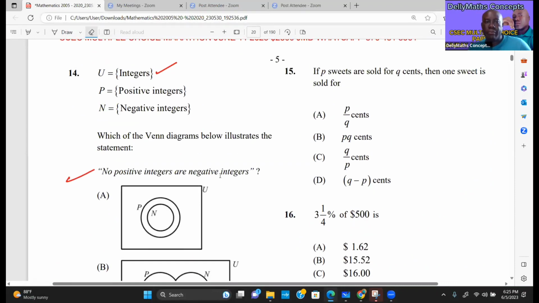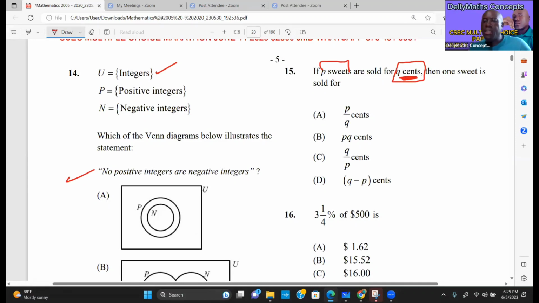Let's keep rolling. Now, where's my pen? Here. If P suites are sold for Q cents, then one suite is sold for what? So we have a certain number of suites that you get for a certain money.